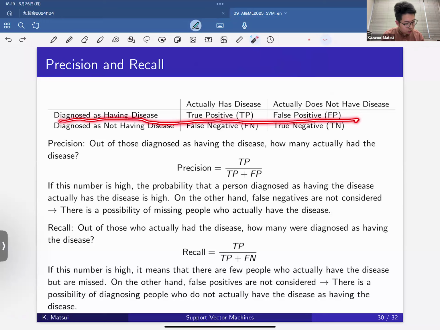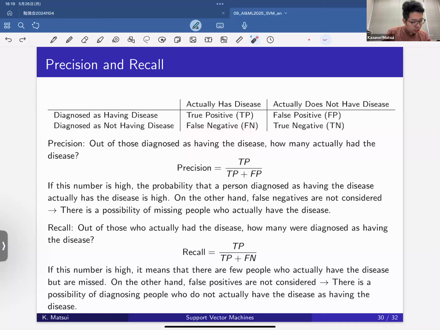So it is TP over TP plus FP, which represents how many were truly positive among those judged as positive. This is precision. So if this number is high, there is a high possibility that the people diagnosed as having the disease actually have the disease. On the other hand, since this does not consider false negatives, there is a possibility of missing people who actually have the disease.